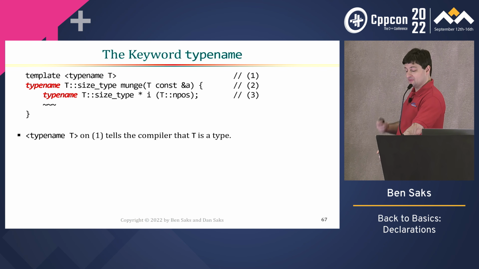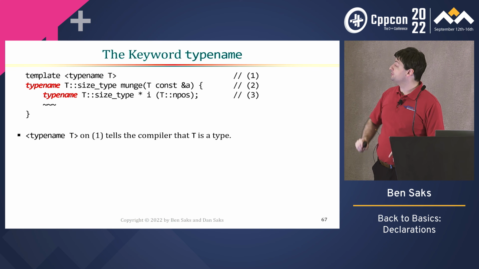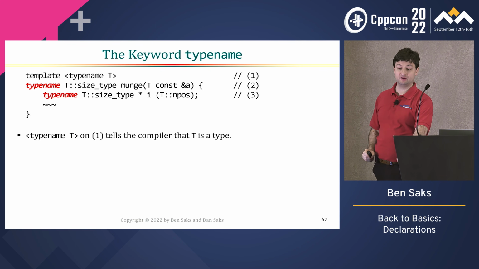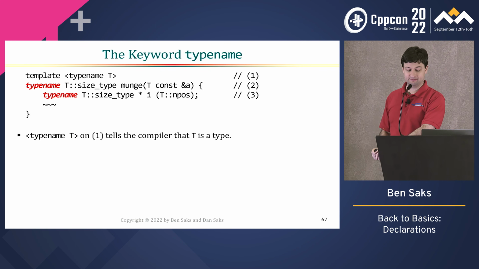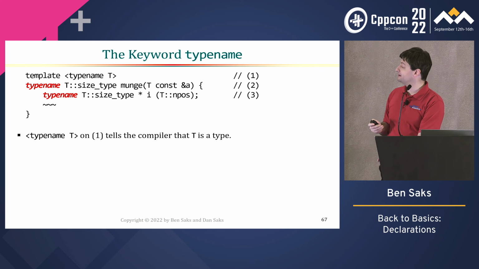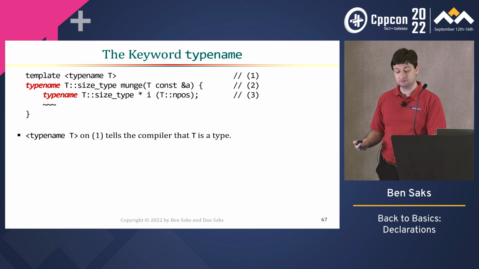So on line 1 there, we're using the keyword typename. That's a place where we could be using the keyword class instead. That's telling the compiler that that template parameter is a type argument as opposed to some non-type argument.